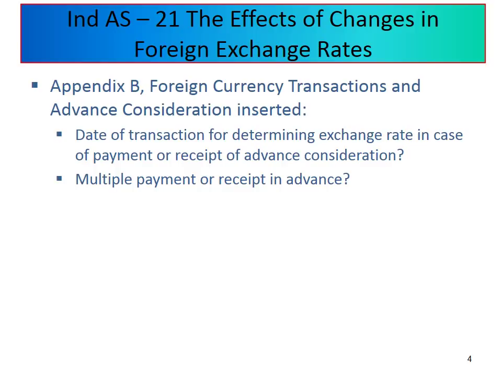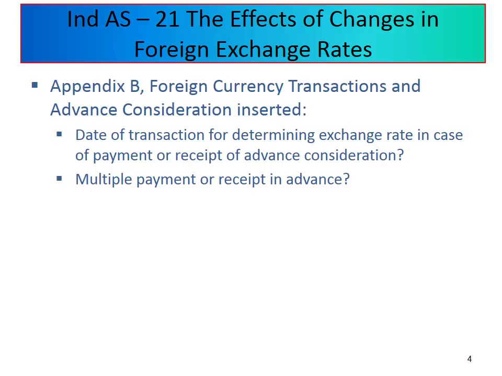So the sale needs to be recognized on 15th April at 50 into $500, that is the exchange rate when you receive the advance, plus 52 into $500, that is the exchange rate as on the date of dispatch of goods, the date of recognition of sales. So these two dates are required to be considered for the purpose of recognition of sale.